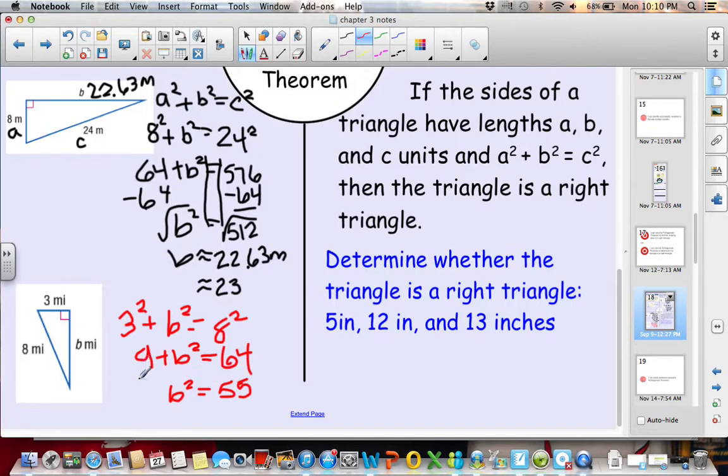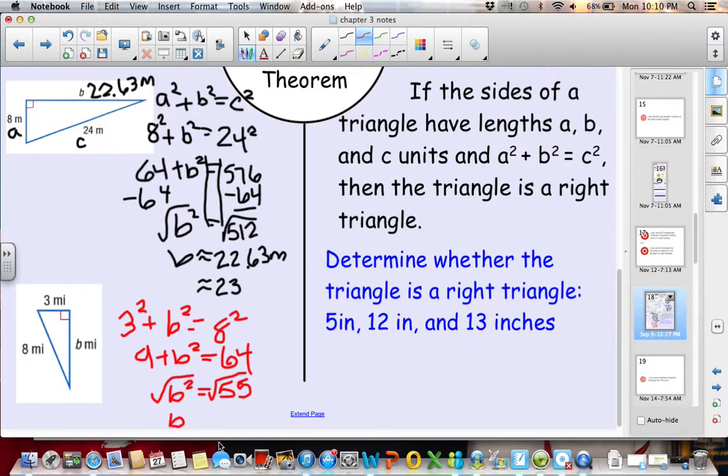Because remember, I had to subtract 9 on both sides. 64 minus 9 is 55. That gets rid of our 9. B squared equals 55. Take the square root of both sides.